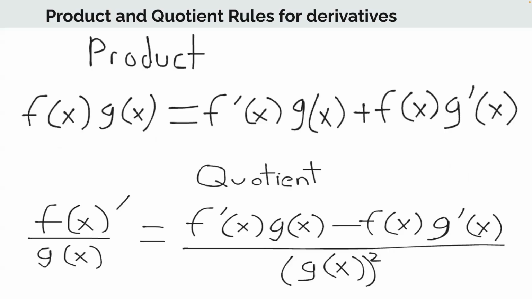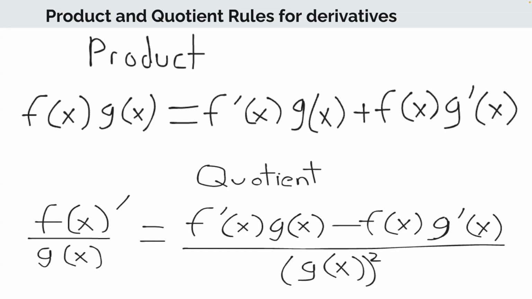And here are two more rules you should know. The product rule: the derivative of two functions multiplied by each other is f prime of x times g of x plus f of x times g prime of x. The quotient rule: the derivative of a quotient, think of it as low d high minus high d low over low squared.